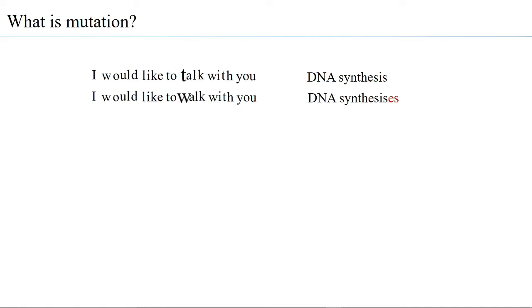For example, DNA synthesis could just be a noun, while in DNA synthesizes, the word synthesizes becomes a verb. So the meaning is altering. So like we see in the framing of sentences, where even a change in a single alphabet can change the entire meaning of the sentence, so can it happen with DNA.